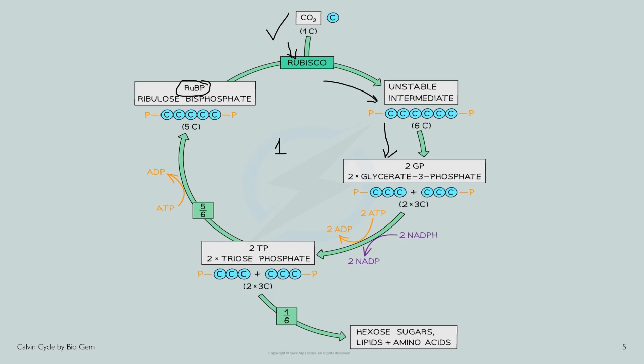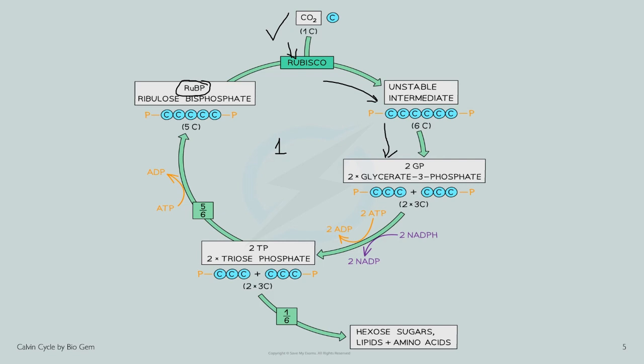Now you guys can see that 2 glycerate 3 phosphate are converted into 2 triose phosphate. When these are converted into 2 triose phosphate, one of the triose phosphate is lost, which I told you is now called triose phosphate.